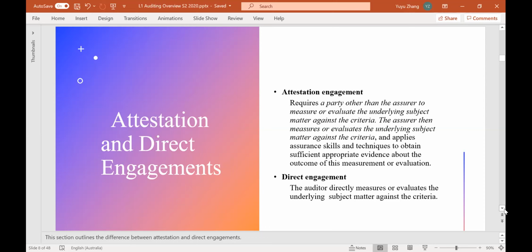In that case, you come to the company and you don't really look at the financial statement. You directly audit the company's financial position. That is direct engagement.